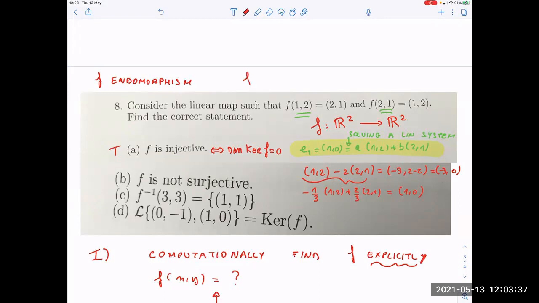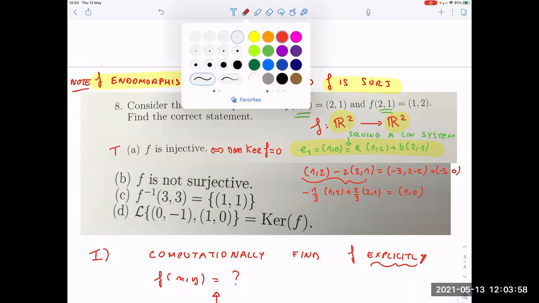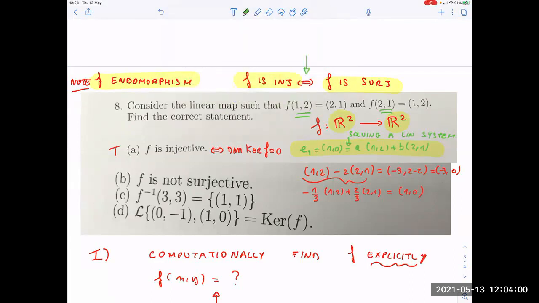It means that f is injective if and only if f is surjective. And this comes from the rank nullity theorem. So endomorphism, because you go from R2 into R2, then being injective is equivalent to being surjective. Why? Well, simply because of the rank nullity theorem.